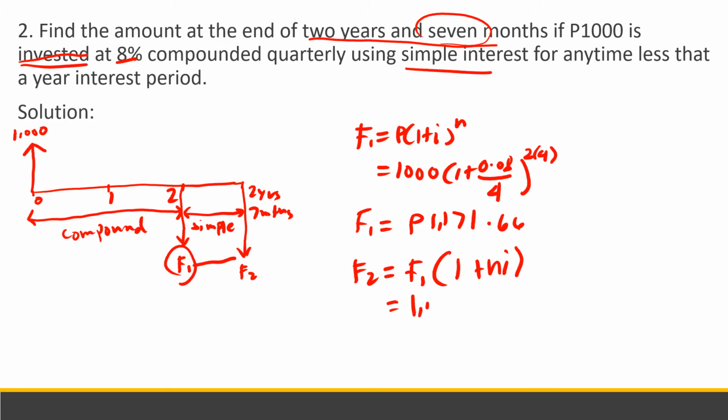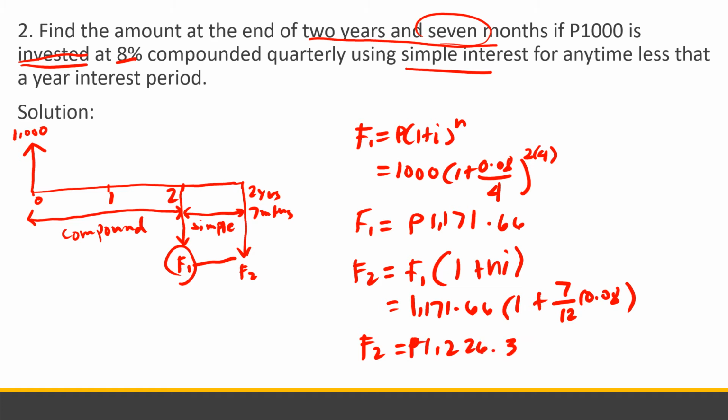So magiging 1,171.66 multiplied by 1 plus, this is 7 months times 8%. So F2 is equals to 1,226.34.